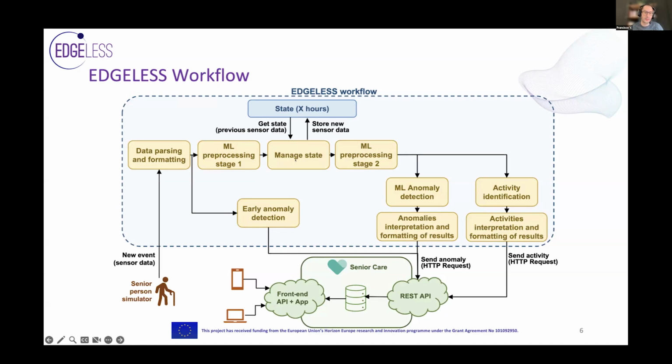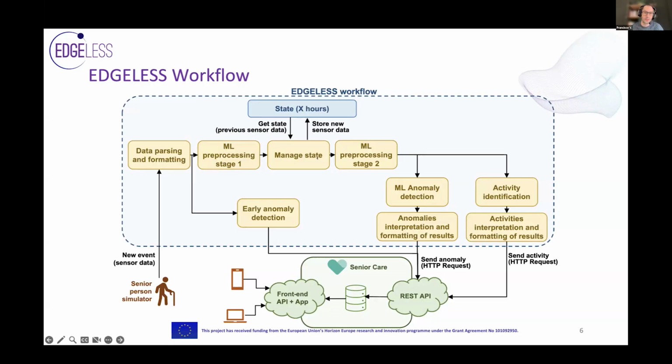We are taking advantage of the stateful functions provided by Edgeless because in order to detect activities and anomalies, it is not enough to have the last sensor data that has triggered the workflow, but we need all the previous sensor data within a time window that we have defined of 24 hours. So we need to use all the sensor data within the last 24 hours from all the sensors that are placed in the home.